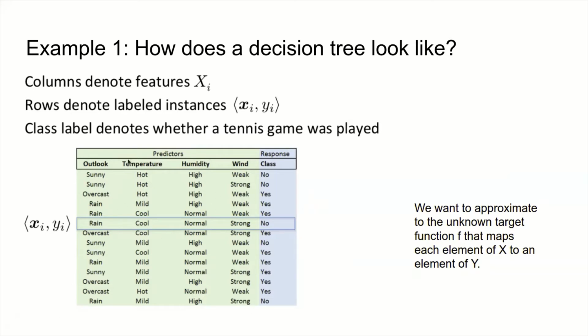So based on these features, you want to predict whether the tennis game was played or not. Please notice that each column represents a feature, and each row of this table is a labeled instance. This could be named a labeled instance or a data point for short. I will use them interchangeably: labeled instance, data point, but they mean the same. Okay. So the class label denotes whether the tennis game was played.